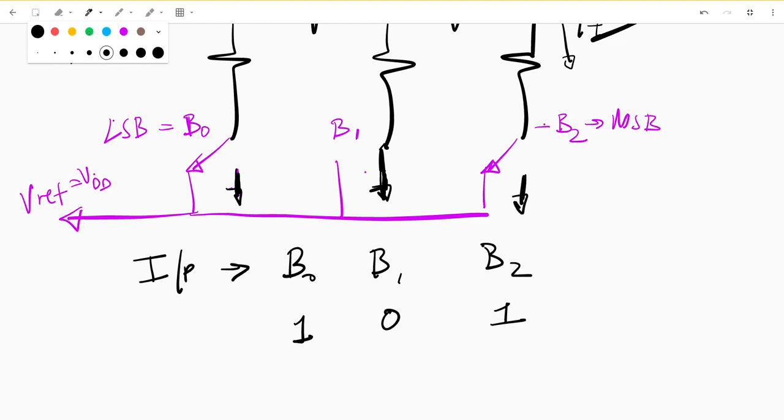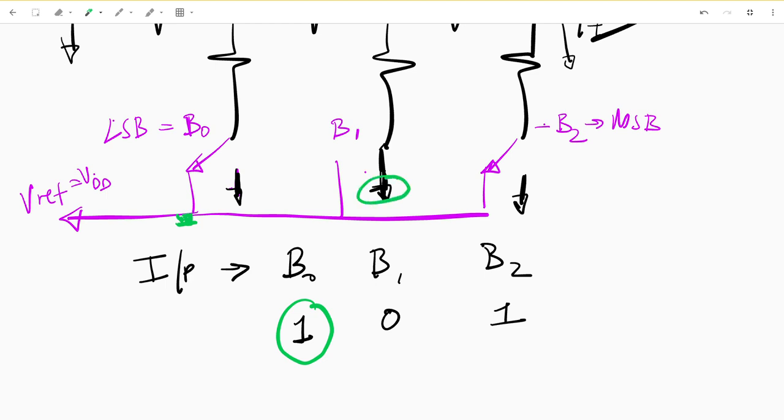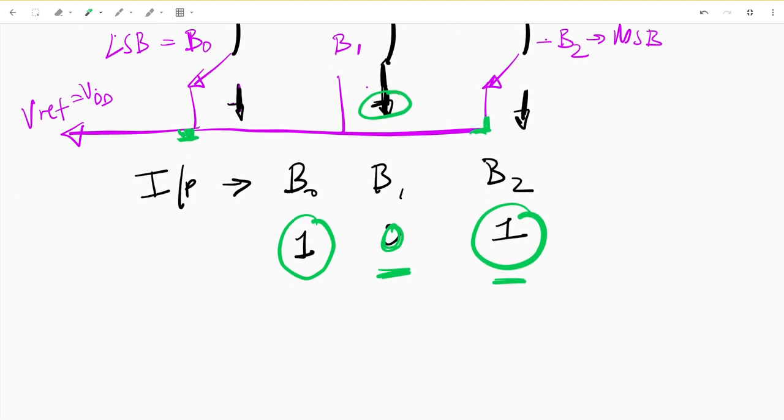And again, we get that because B0 here is connected to V reference, and whenever we're connected to a voltage, that just means that we have a high in terms of our digital signal. And here we're connected to a ground, so that just means we have a low or a zero. And here we're connected to, again, VDD or V reference, so that means that we have a high of 1. So this is our input in terms of digital or bits.